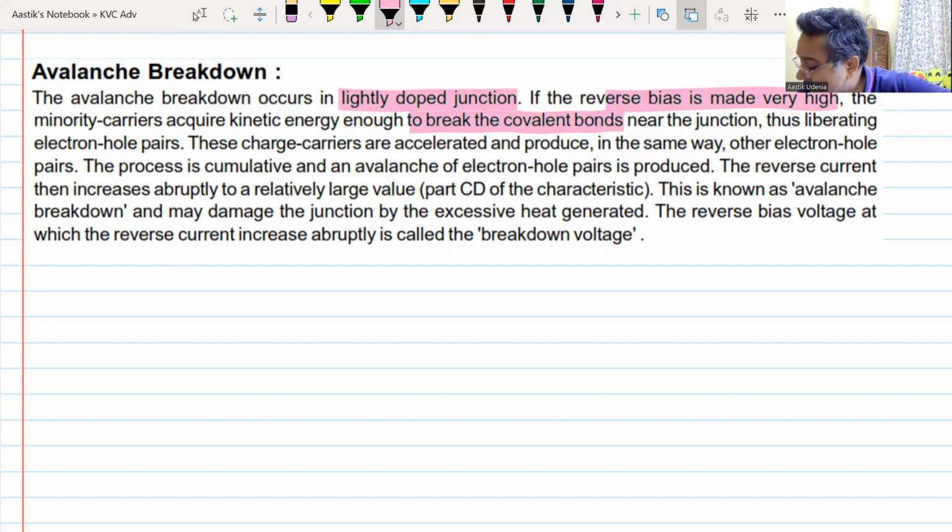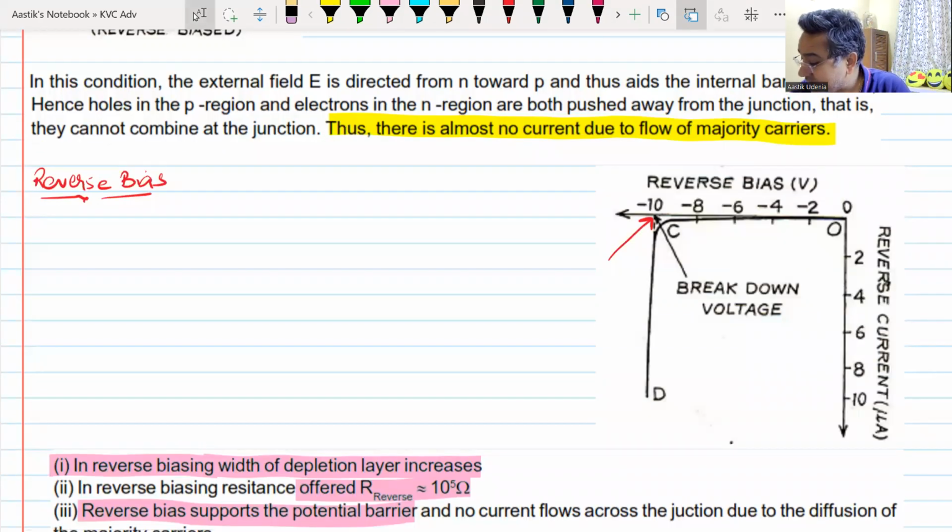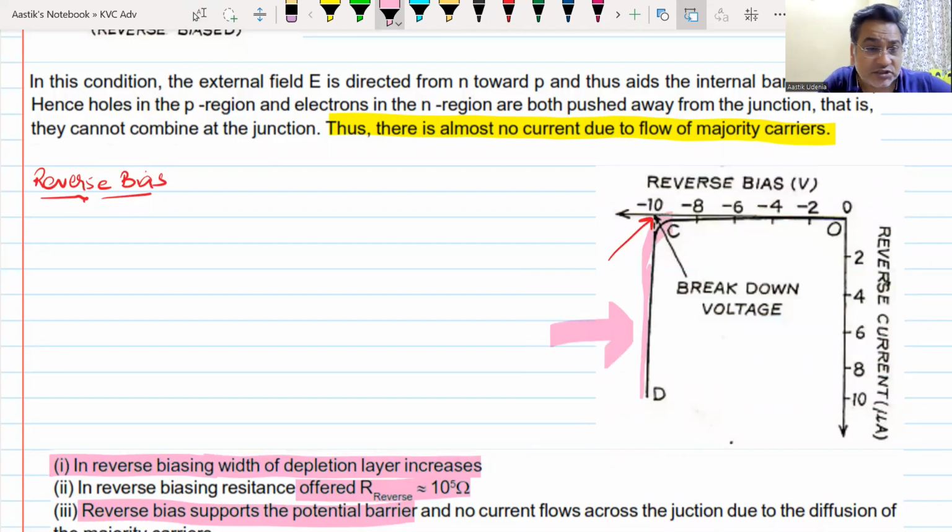This type of breakdown is known as avalanche breakdown, and it is shown by the section CD of your graph. You remember that section CD? This section, my dear friends. This is your avalanche breakdown.